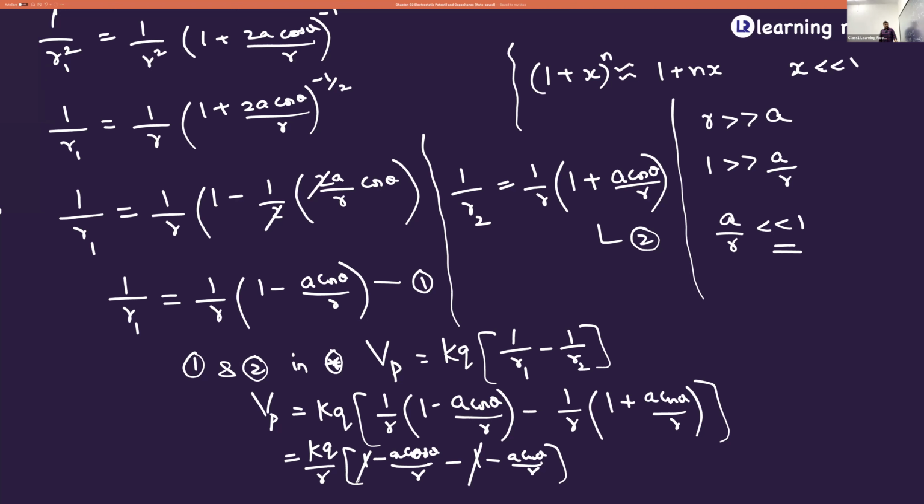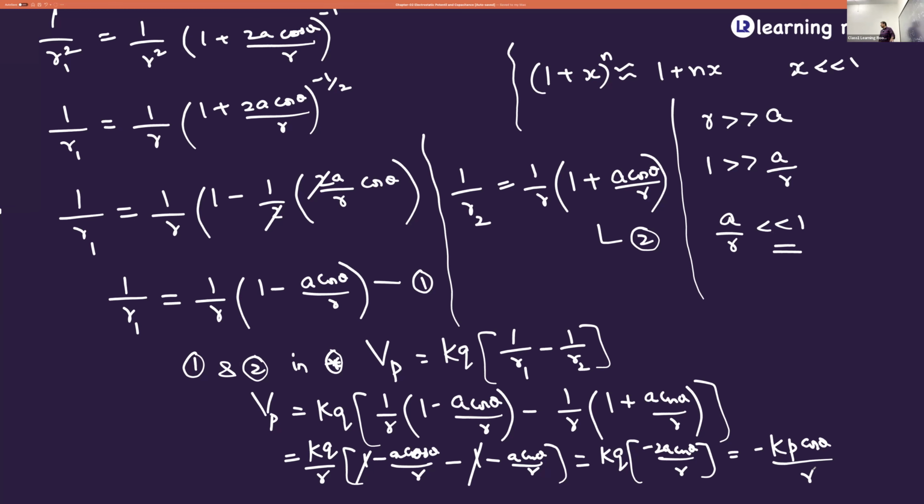So you'll be left with minus 2A cos theta divided by R. So this will be KQ into minus 2A cos theta divided by R. 2A multiplied with Q is the dipole moment. So you will have the answer to be minus KP cos theta divided by R.